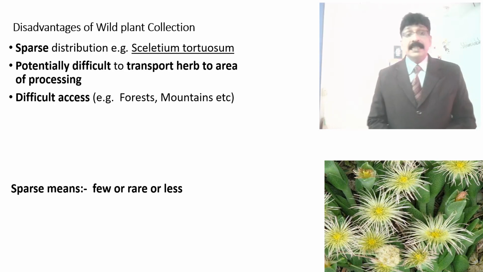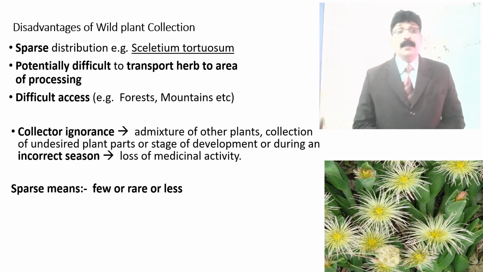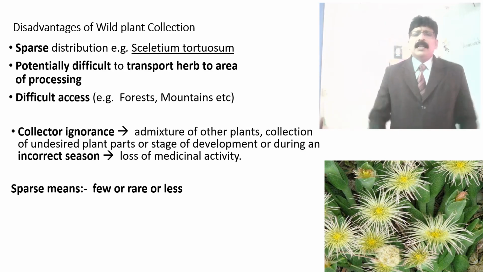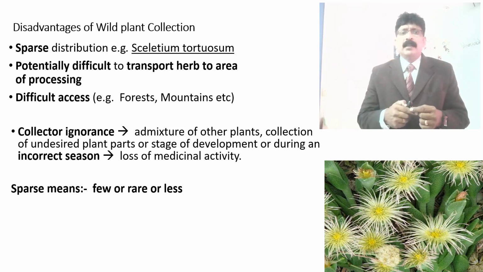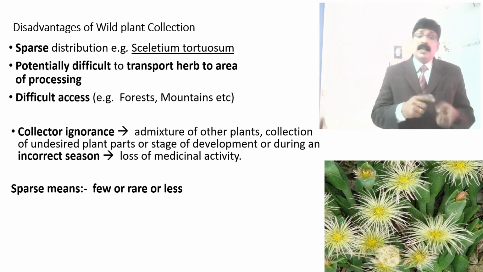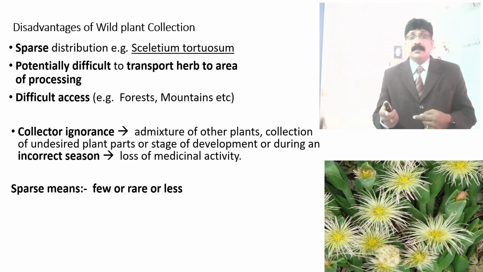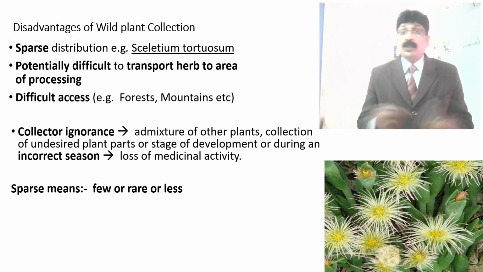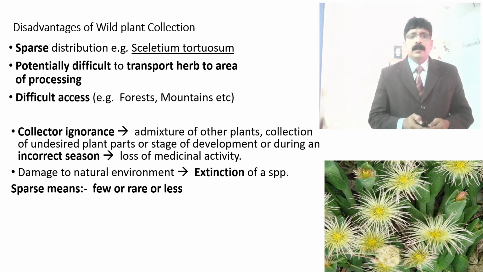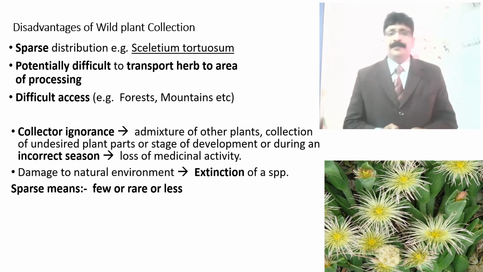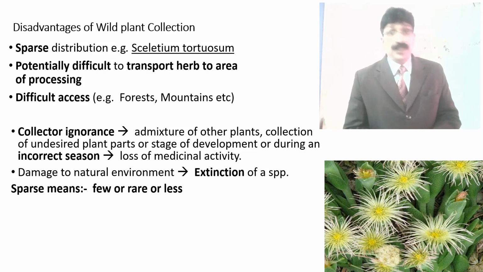Difficult access: forest, mountain, etc. Collectors' ignorance, admixture of other plants, collection of undesired plant parts at the wrong stage of development or during an incorrect season, loss of medicinal activity when you are collecting in the wild, damage of the natural environment, and extinction of a species can be seen.